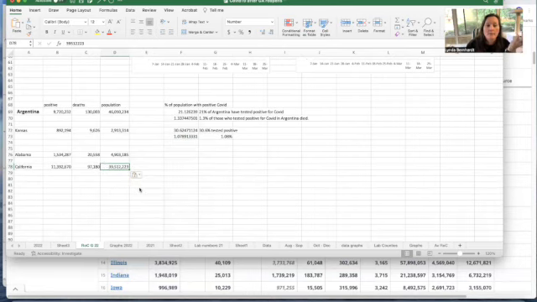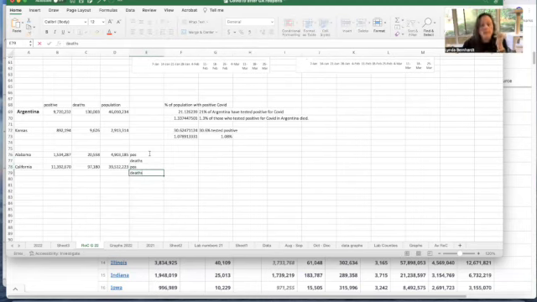So we're going to do the same thing. This is going to be positive cases. These are deaths. Actually, I should just say positive deaths. There we go.